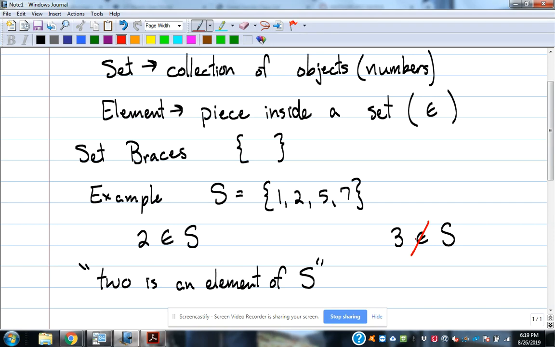The colors on this particular projector are pretty chunky for some reason. It doesn't pick up the colors very well. And the cable is the problem. All right, so 3 is not an element of S. That means it's not in there, okay? So just a slash through the epsilon is what that says.